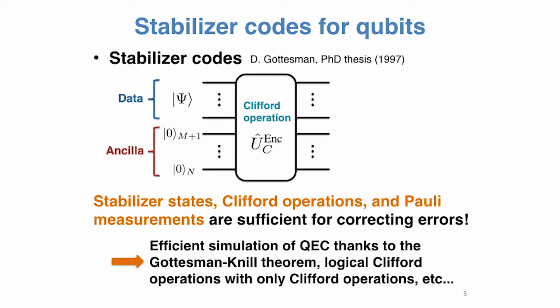The fact that those Clifford resources are sufficient allows us to simulate the error correction procedure just by using the Gottesman-Knill theorem, and we can very efficiently simulate the error correction procedure, especially when we assume depolarizing noise or some random Pauli noise. So everything was really, really nice with this stabilizer code.